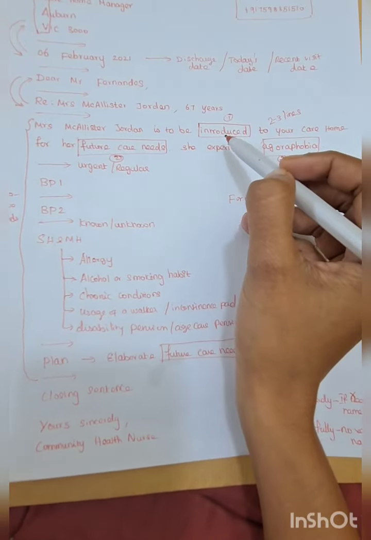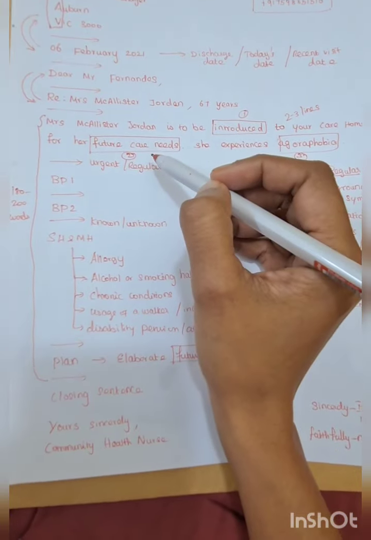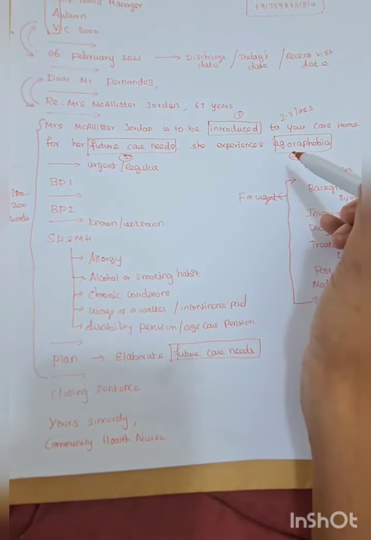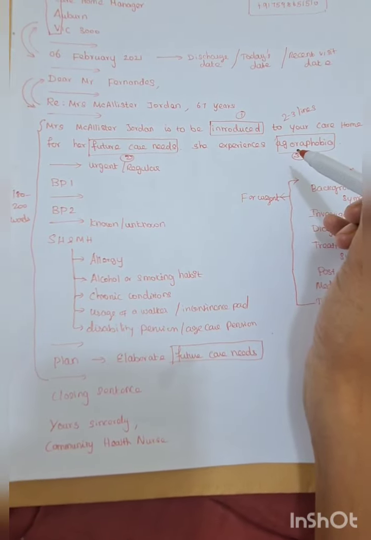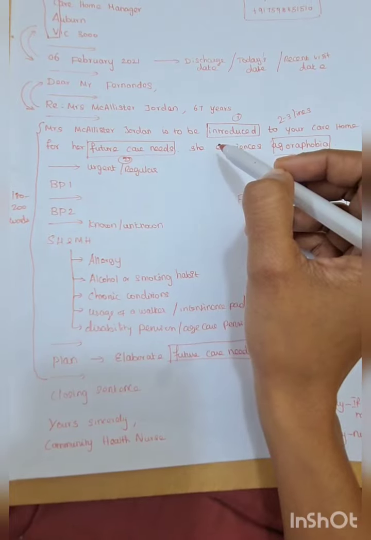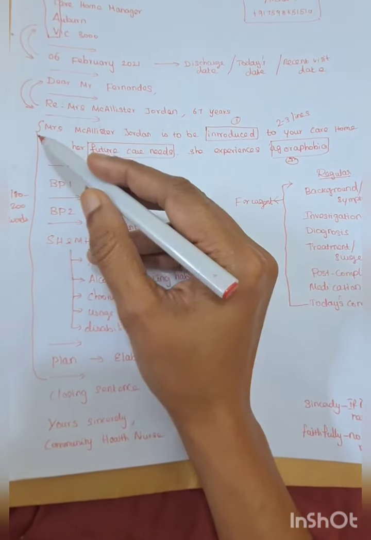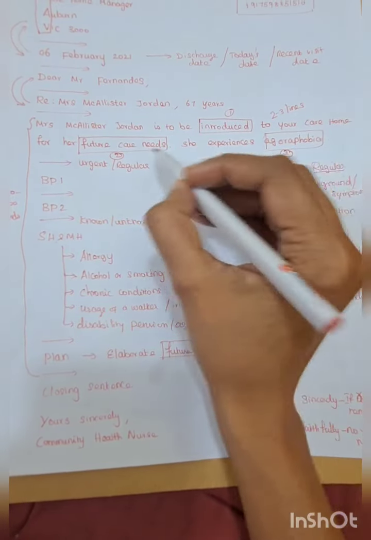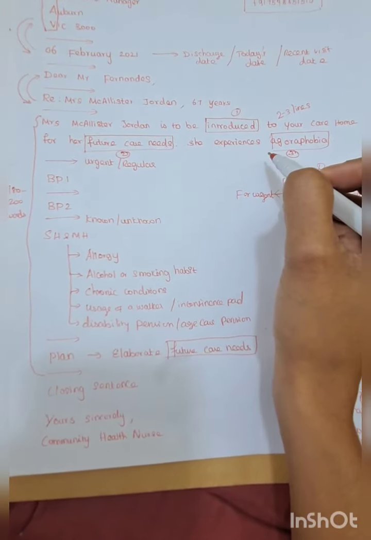So my first point is what kind of letter it is, then what she needs, what is the purpose of the letter you are writing, and what is her exact condition or the treatment provided. So when you give these 3 points in your introduction, your purpose is fulfilled. So your introduction should be 2 to 3 lines with these points included.